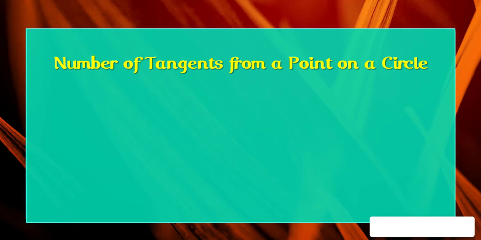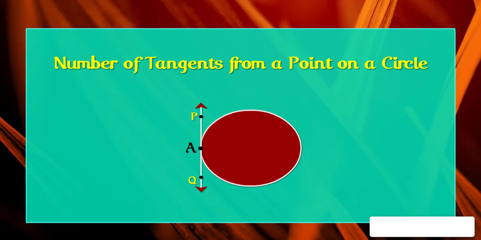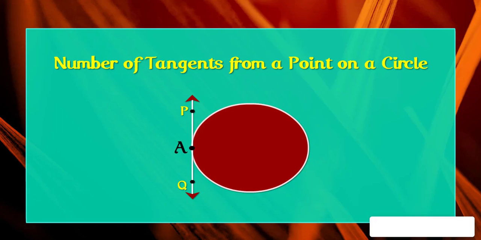In this module, we will discuss the number of tangents from a point to a circle. As we already know now, from any point on a circle, there can be one and only one tangent. Now let us know about the number of tangents from a point inside a circle.